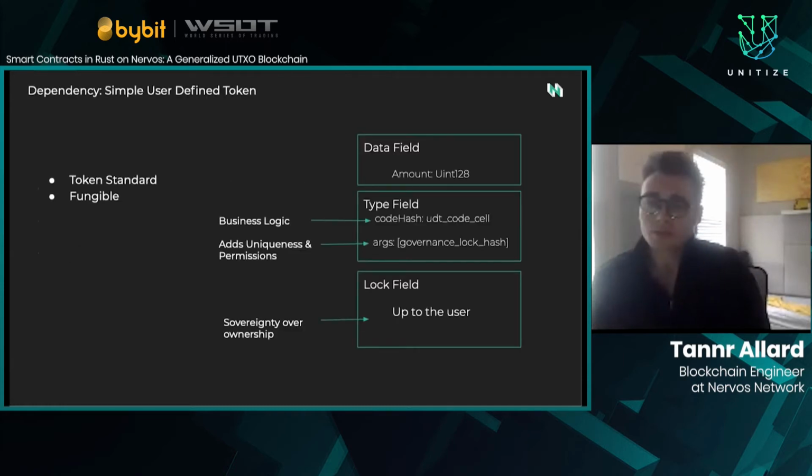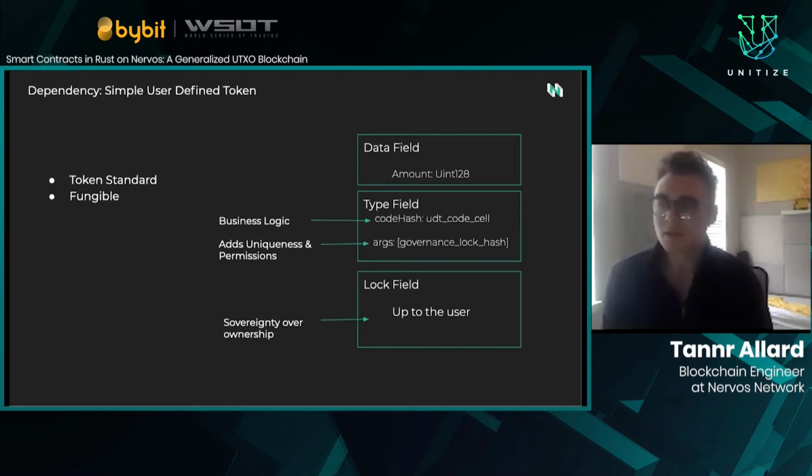So this conceptually depends on the simple user-defined token standard. Let's go over what a cell that complies with this standard looks like. On the right here, you see this cell, and its data field is an unsigned 128-bit integer. The first series of bytes in the data field is then treated as the amount of that token, right?